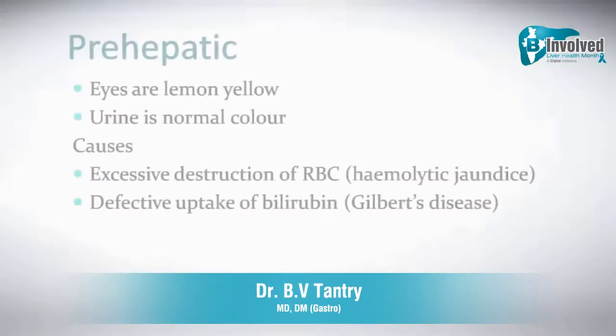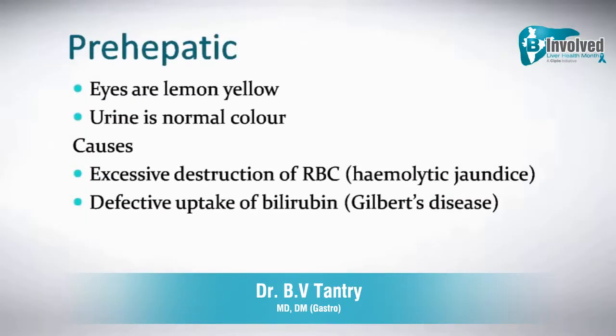What is prehepatic jaundice? Now, prehepatic jaundice is that jaundice in which the bilirubin has entered the blood. This bilirubin is known as unconjugated. It is insoluble in water, and therefore it cannot be passed out by the kidney into the urine.